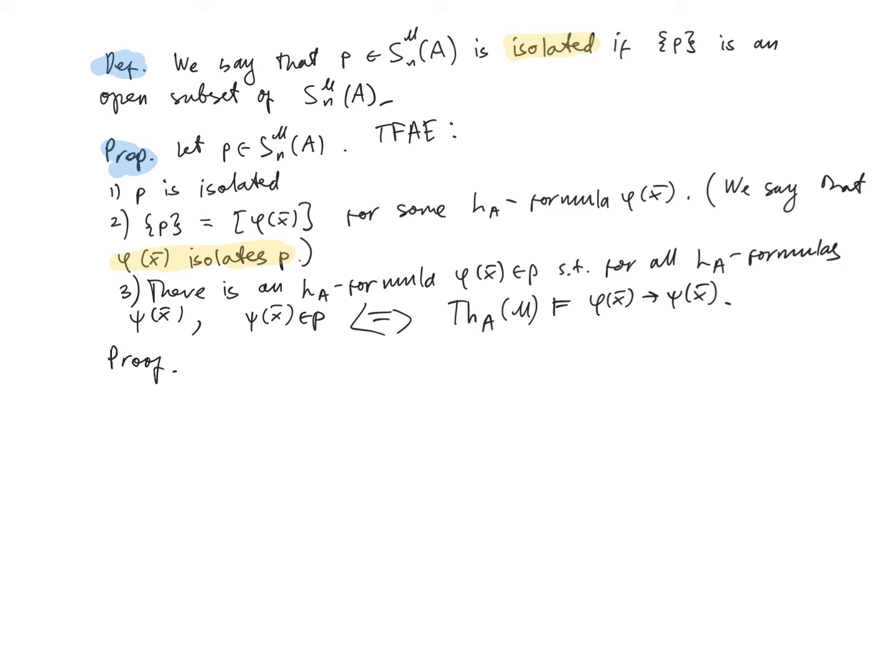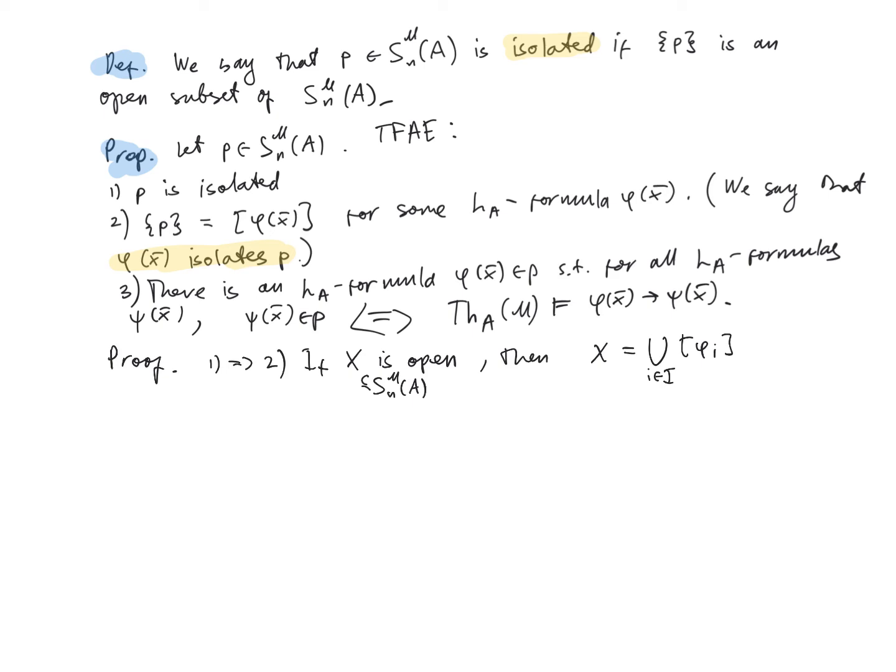Proof. First we show 1 implies 2. Assume that X is an open set, so an open subset of the space of n types over A. Then by the definition of the topology, we know that we can write X as a union of the basic open sets.